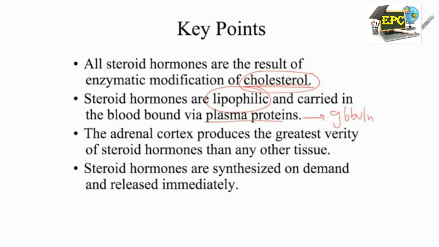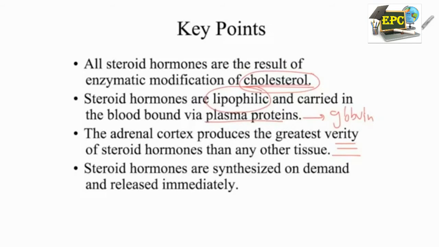The adrenal cortex produces the greatest variety of steroid hormones of any tissue because, as we said before, there are three different layers, and each layer has a group of cells that is not present in another layer. For example, the zona glomerulosa has cells that are not present in the zona fasciculata, so the zona fasciculata cannot produce aldosterone, and vice versa.